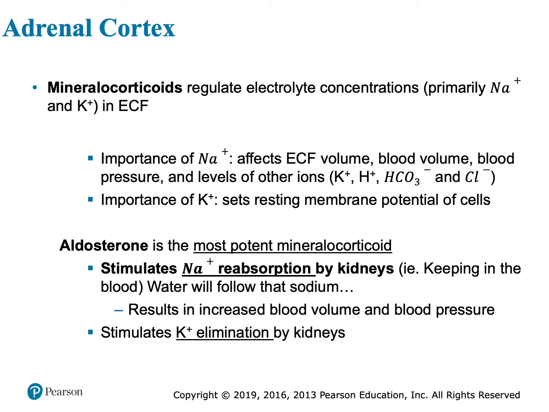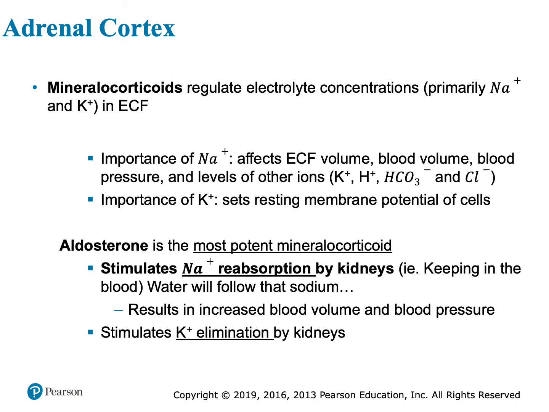So what does it do? Aldosterone works at the kidney level. It's going to work on the kidney tubules, and we'll see it again in the kidney section of this class. But it causes the kidneys to reabsorb sodium. If we are reabsorbing sodium, then we are eliminating potassium.